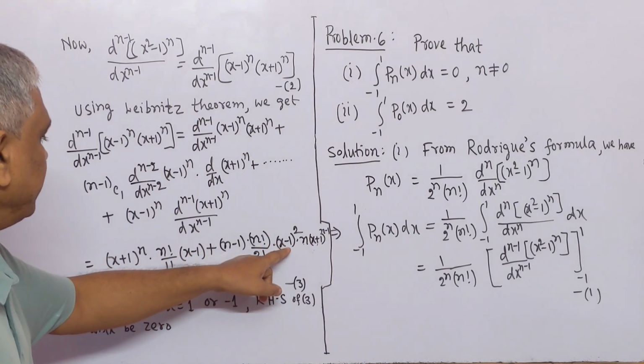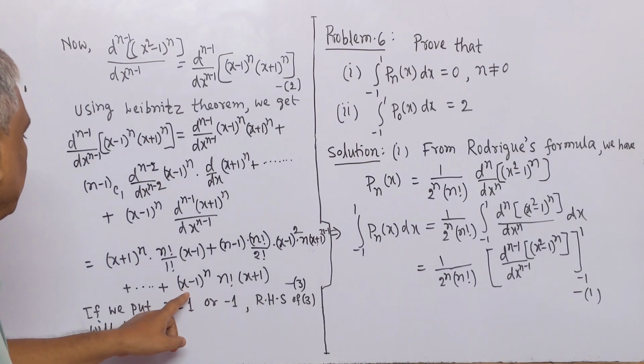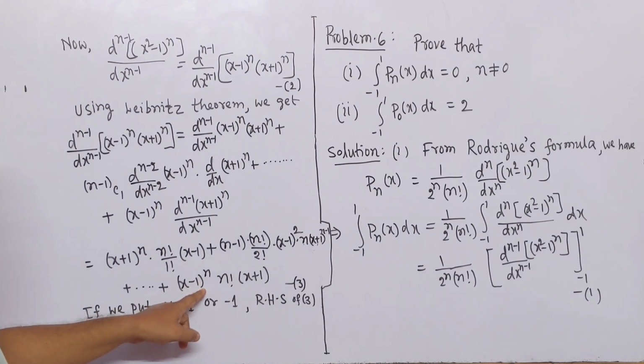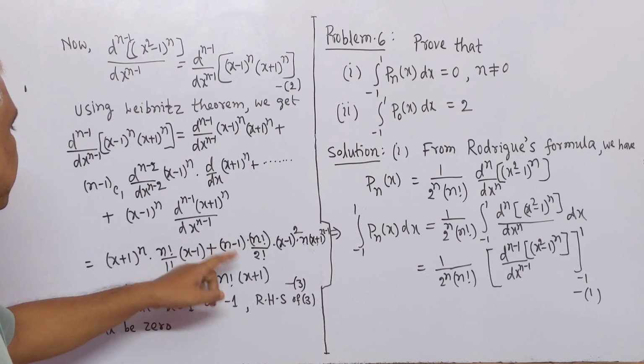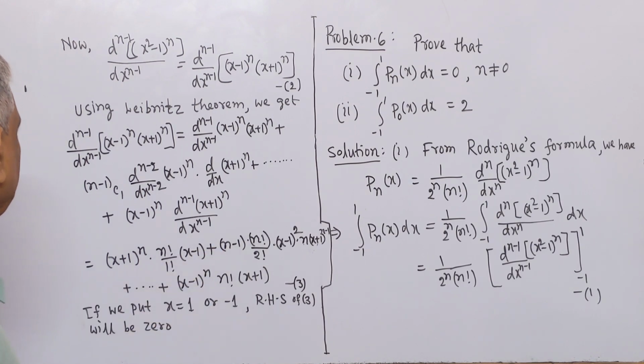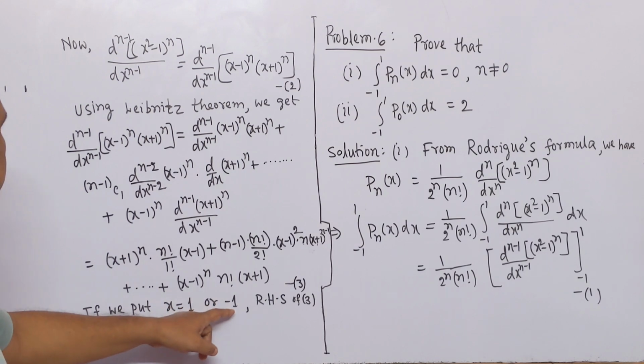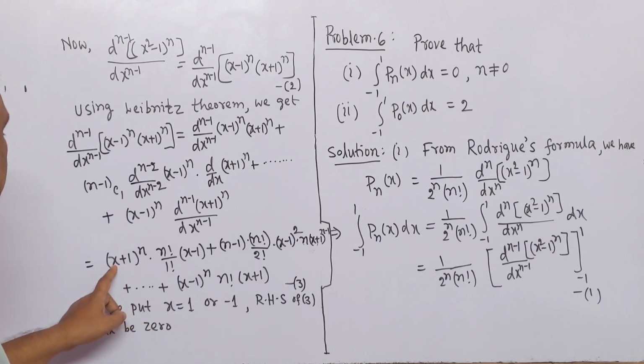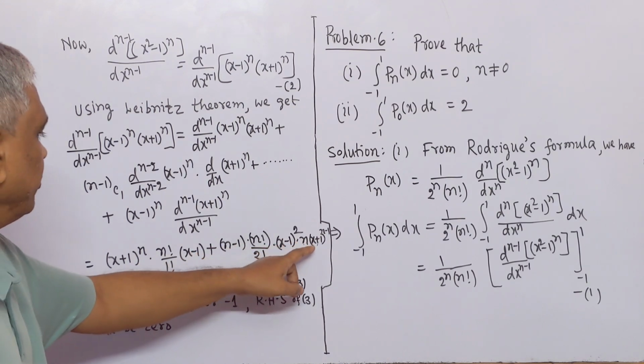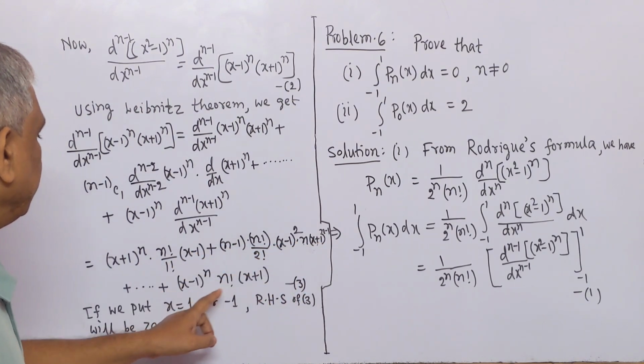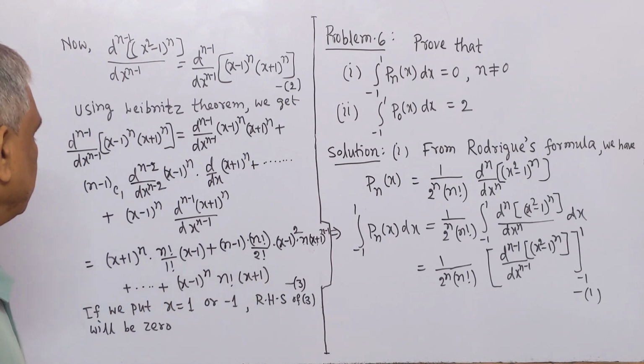This term x minus 1 is 0, here also 1 minus 1 is 0. So for x equal to 1, right side of 3 is 0. And if we put x equal to minus 1, plus 1 is 0, here also minus 1 plus 1 is 0.